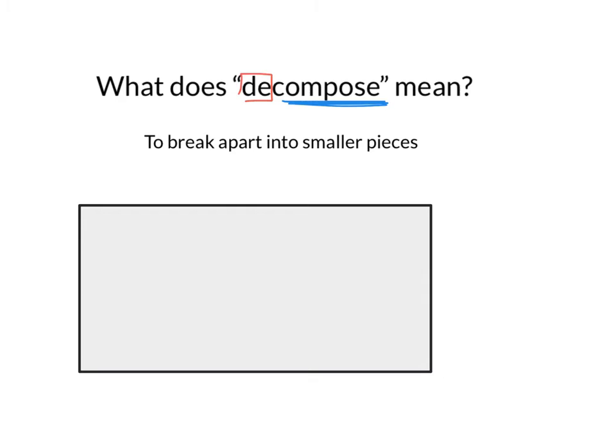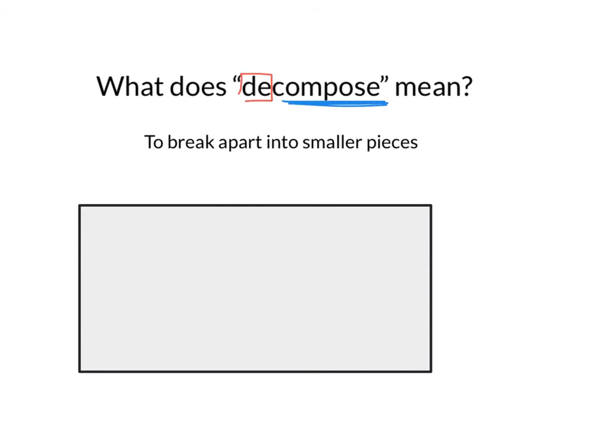Or if I have 10, I could decompose it to be ten 1s. Or I could decompose it to be 2 + 2 + 2 + 2 + 2. I could also decompose it to be 3 + 3 + 3 + 1. I could also decompose 10 to be 3 + 7, right? So decompose just means to break it into smaller parts.